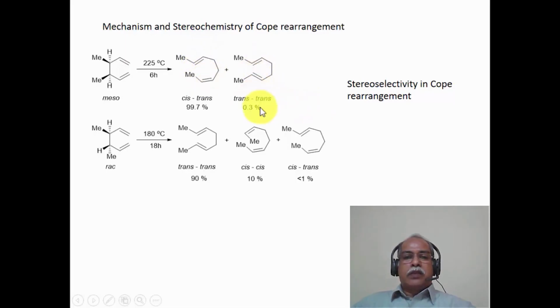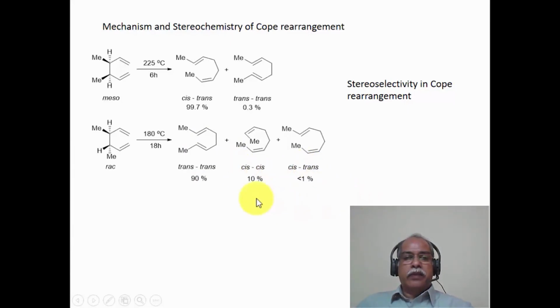The trans,trans isomer is formed in a very small amount of 0.3% or so. Whereas when the racemic or threo form is heated to 180 degrees, the reaction is faster. First of all, it takes place at a lower temperature. It produces almost exclusively the trans,trans isomer. The cis,cis isomer and the cis,trans isomer are formed only in a very small amount in this particular instance.